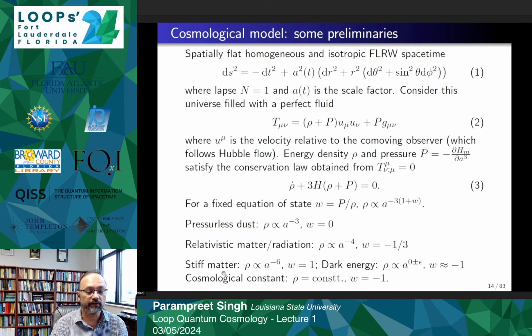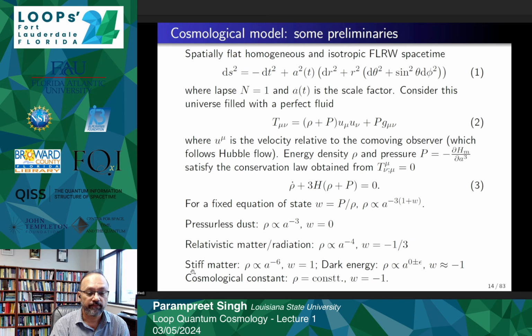If you have stiff matter or a massless scalar field, energy density goes as a to the power minus 6. If you have dark energy, which has almost constant energy density with respect to matter, energy density goes as a to the power 0 plus minus some epsilon, depending on which dark energy model you're looking at.